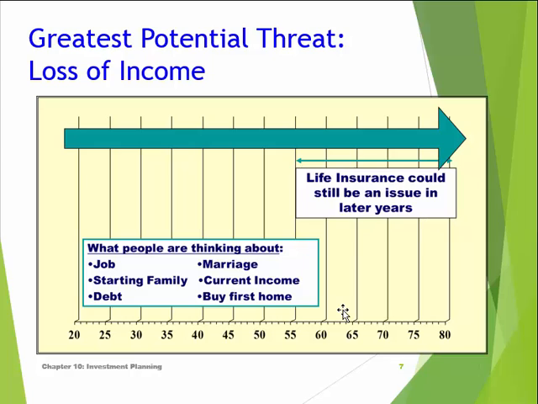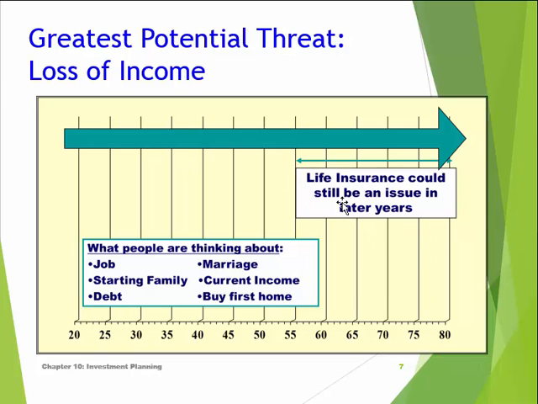So with respect to the accumulation stage, the very young age, if you're in your 20s to 30s, you're really thinking about these things: your job, starting a family, debt, buying that first home. All of those things are issues that we need to make sure we have some type of a plan to help us with throughout our whole life.